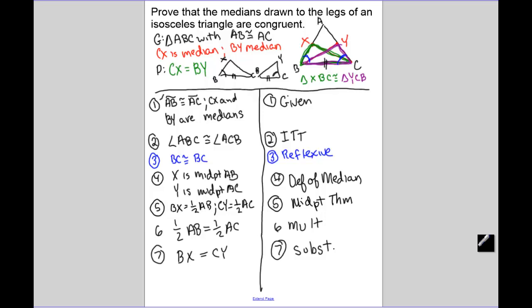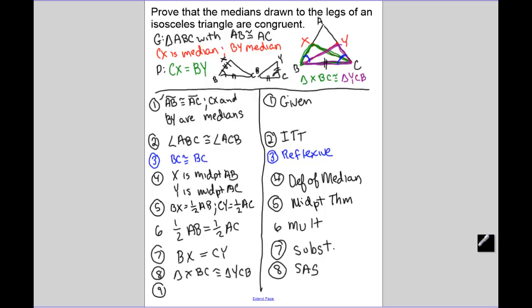So then I have my sides congruent. So now I can say that triangle XBC is congruent to triangle YCB, this time by side angle side.